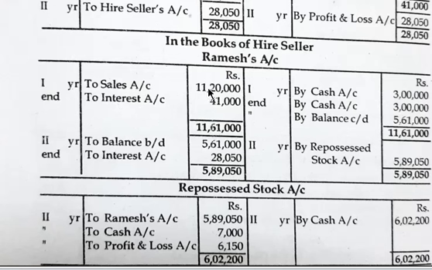After that, installment paid by cash account, down payment paid 3 lakh. This is the down payment, first one. Next is interest due. The entry will be Ramesh account debit to interest 41,000. Then the entry will be installment: by cash account debit to Ramesh account, that is first installment 3 lakh rupees. Total, and find out the difference. Difference transferred to the balance brought down.